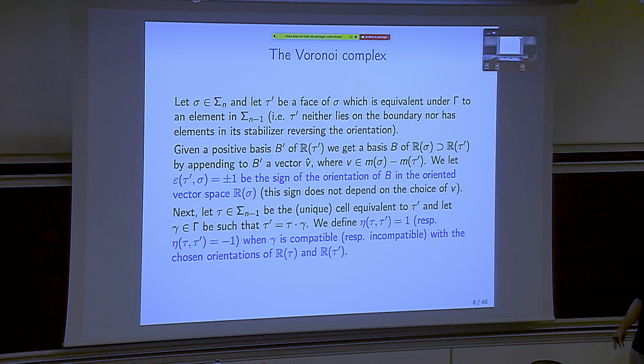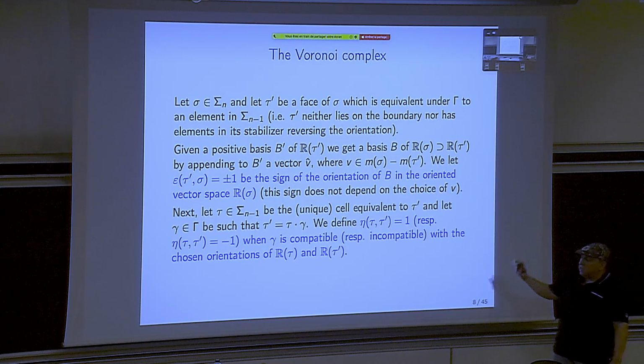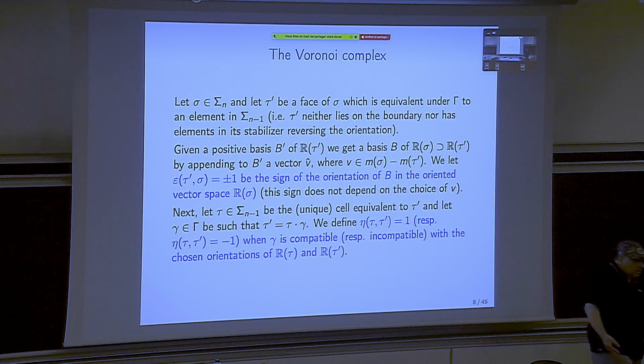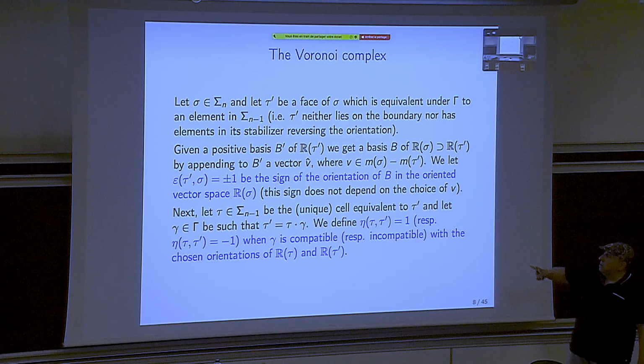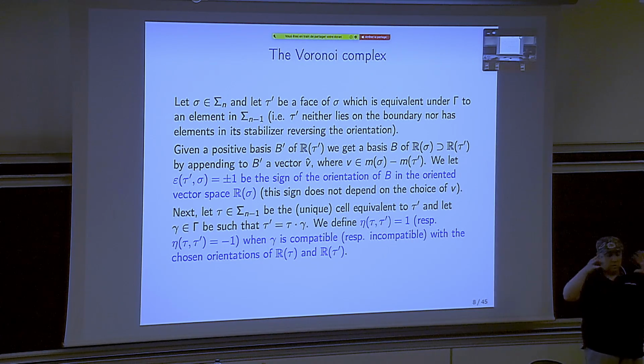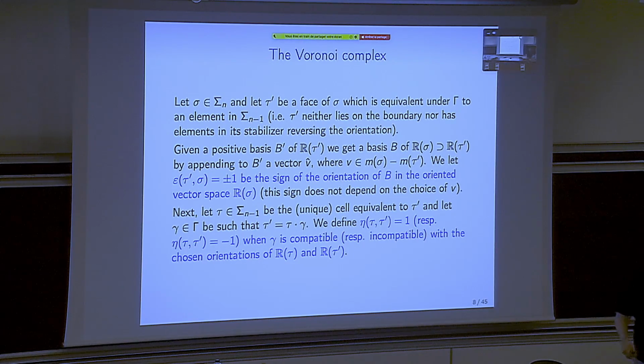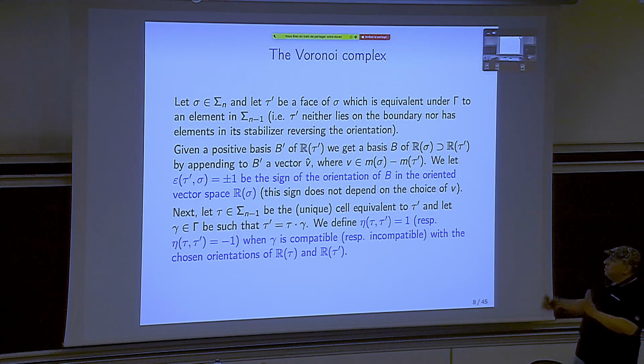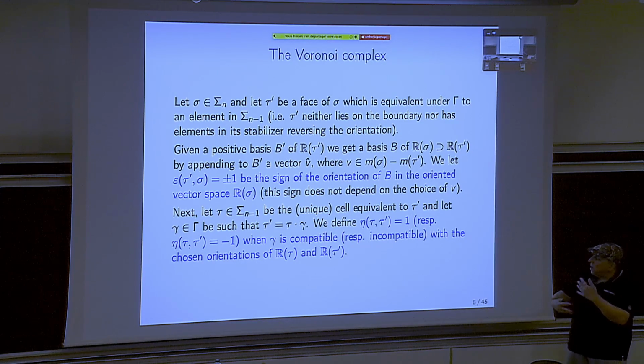And you could apply this strategy to build other differentials which are not at all related to Voronoi, but which could be related to just a polyhedron on which you have a group acting. And so you will look very carefully at the details.